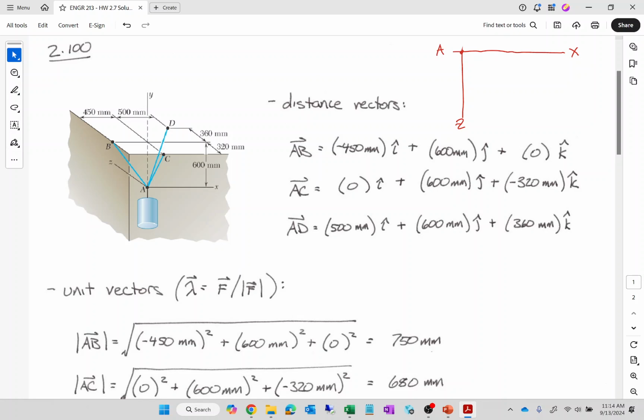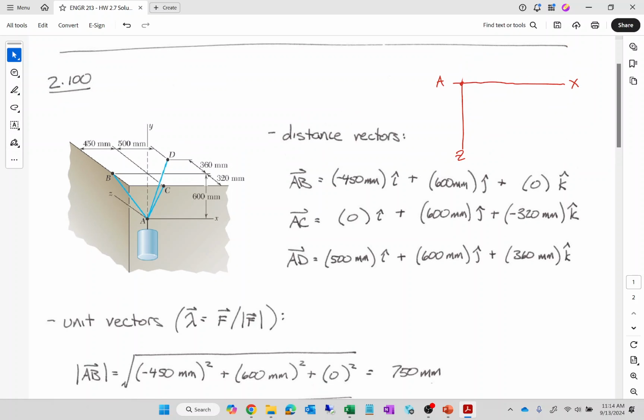Maybe what I'll do is I'll say, okay, let's see. So AC lies along the x-axis, but AC is sort of like that, right? So, for example, if we look at AC, the x is 0, the z is negative 320, right? Because the z-axis goes like that, right?